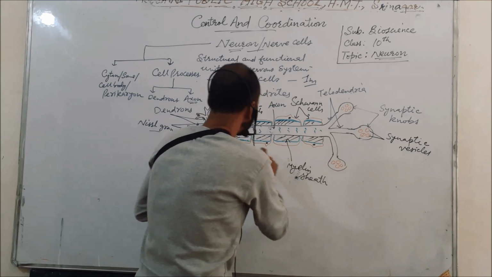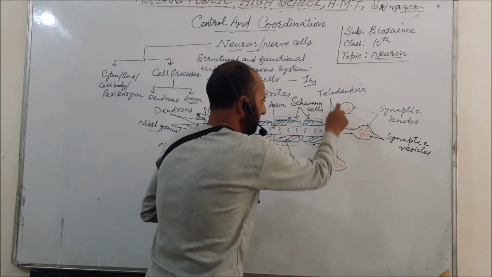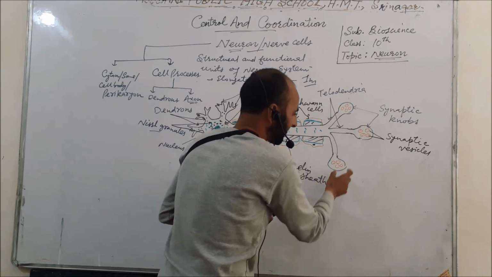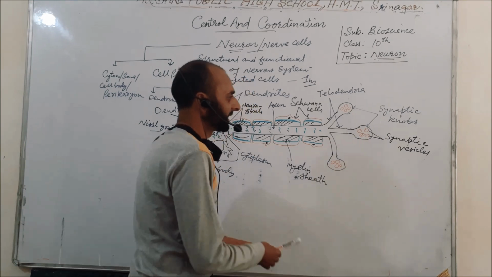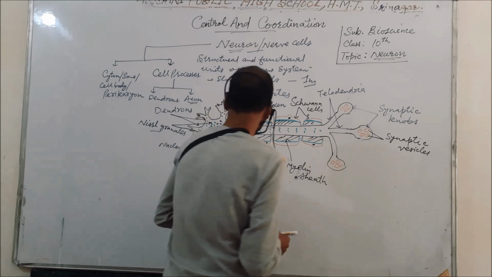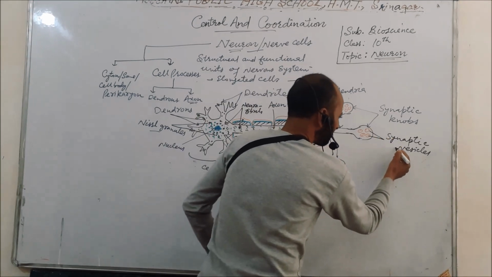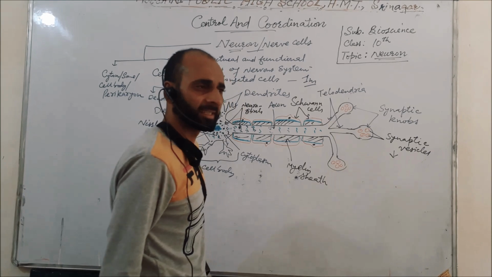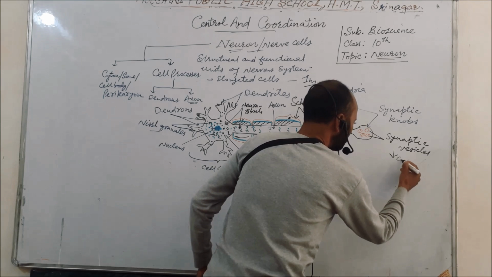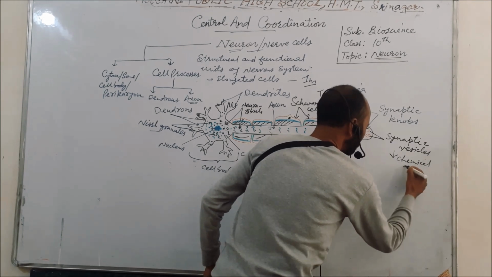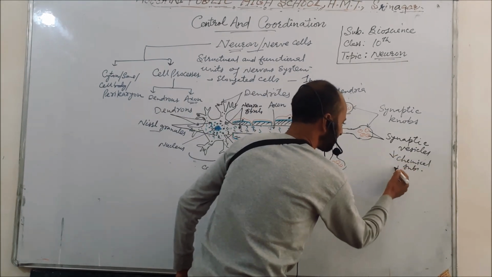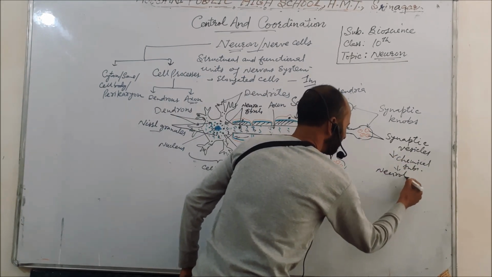Now the terminal ends of this axon, which are called telodendria, end in button-like structures called synaptic knobs, and the synaptic knobs contain several synaptic vesicles. These synaptic vesicles store important chemical substances, which are called neurotransmitters.